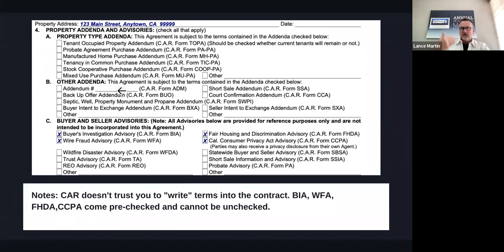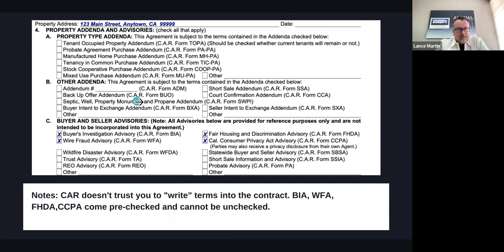If I saw one of these come through SkySlope and I saw this had addendum number 2, I automatically would say, where's addendum number 1? You don't have addendum number 2 unless you've got an addendum number 1. So it's kind of odd that they even gave us that option. Probably could come up with a reason or two as to why it would be something different, or maybe you want to label your addendums A, B, C, doesn't really matter.